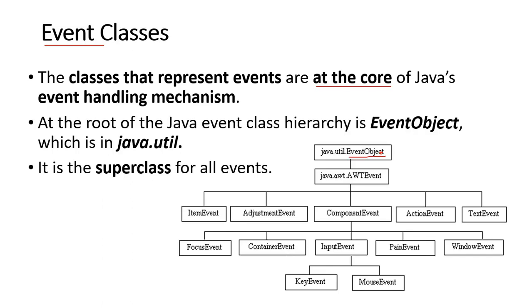We know very well that in Java, any class either directly or indirectly gets inherited from the Object class, which is an obvious thing, so I will not show that particular thing. It's already there. Because I'm talking about events, for me the root now is EventObject. This is the class from which everything begins. Now where is this class found? The EventObject class is found in java.util, the utility package.